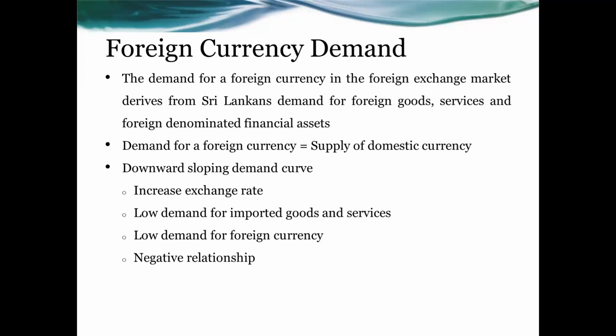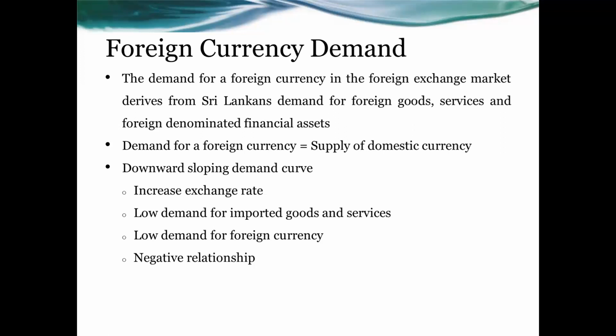Now remember, when you are demanding foreign currency, you have to supply domestic currency. Dollars demand කරන්න නම් ඔයාලට රුපිය වලින් ගෙවන්න ඕනේ. Likewise, as we explained previously, when we are ready to buy US dollars, we have to pay in terms of Sri Lankan rupees and buy US dollars.